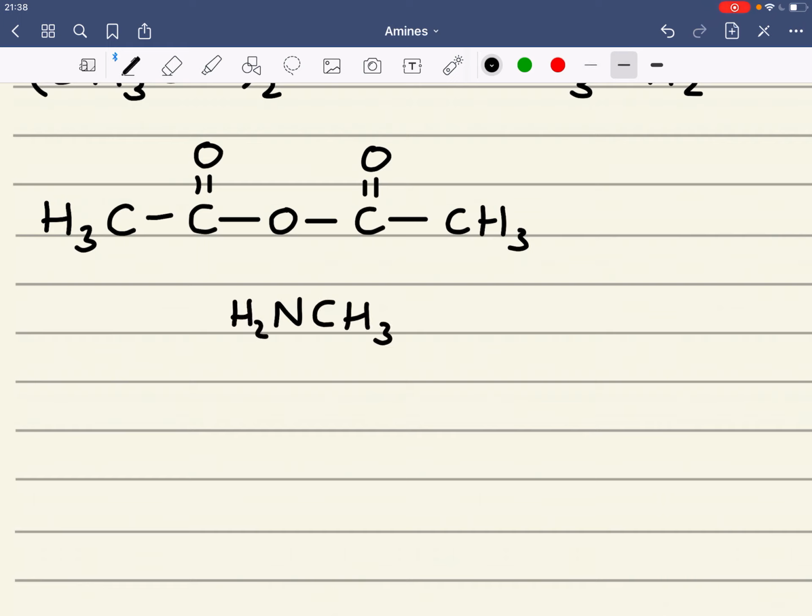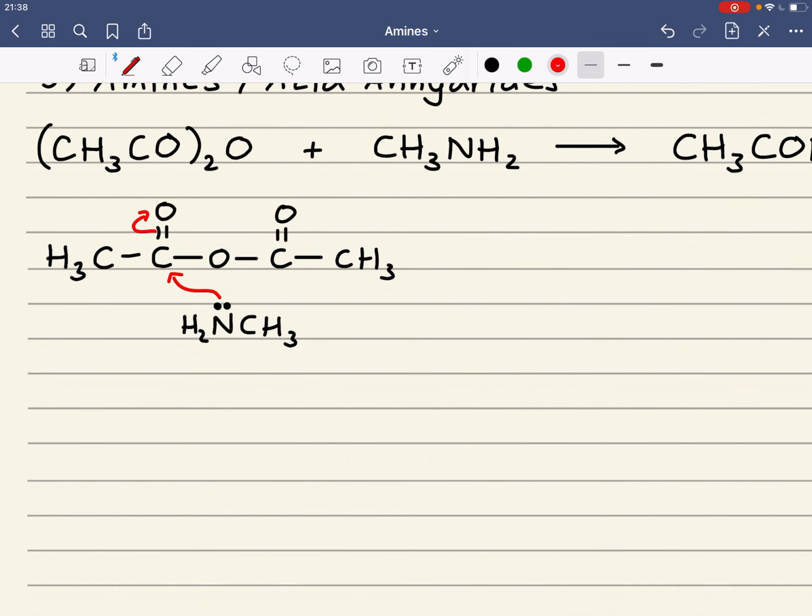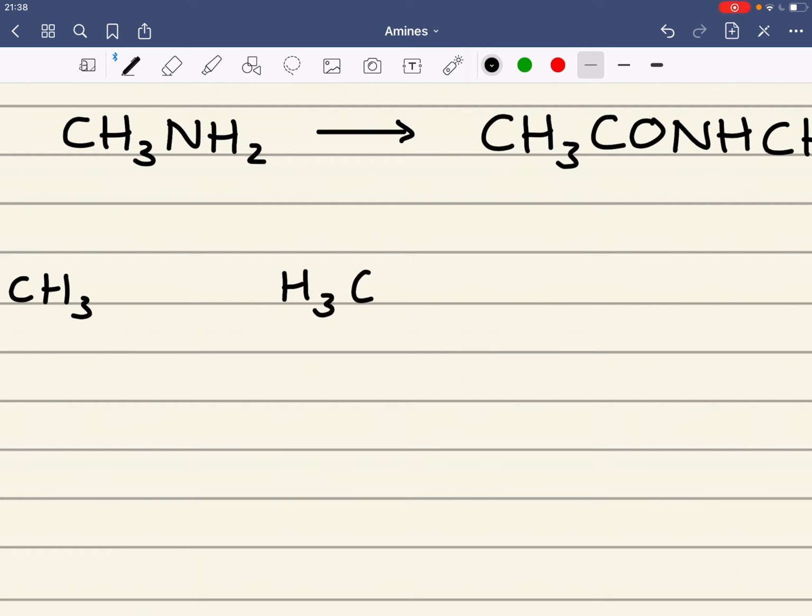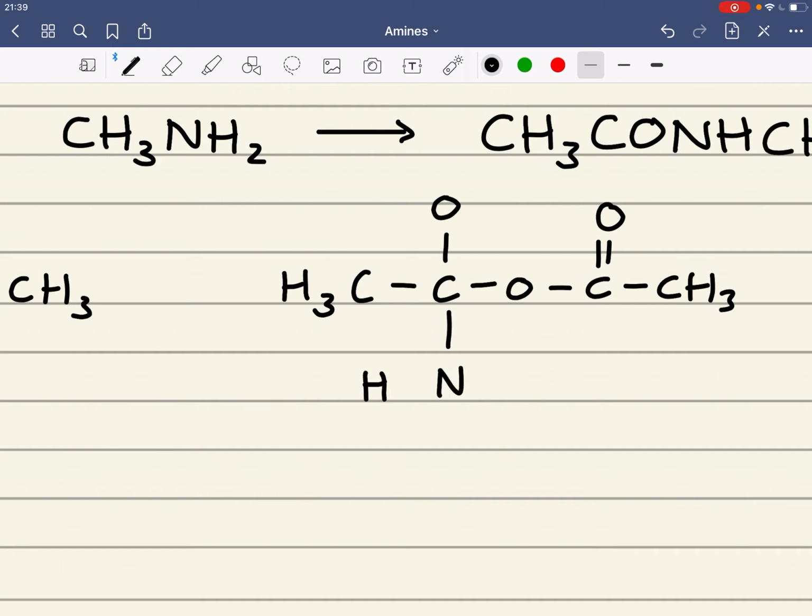In effect, the mechanism is very much the same, and so that's my intermediate.